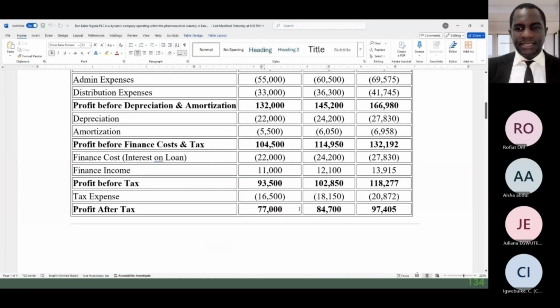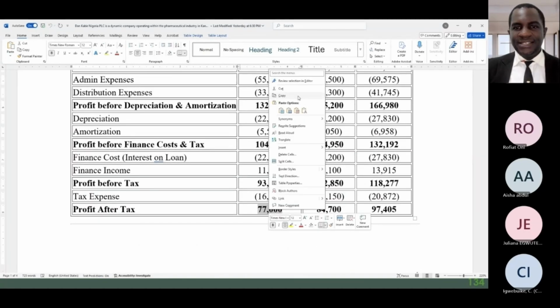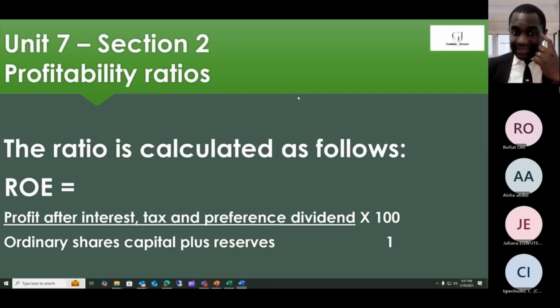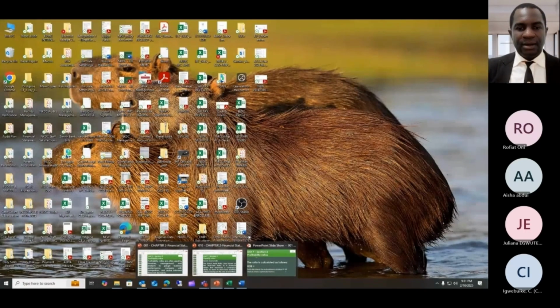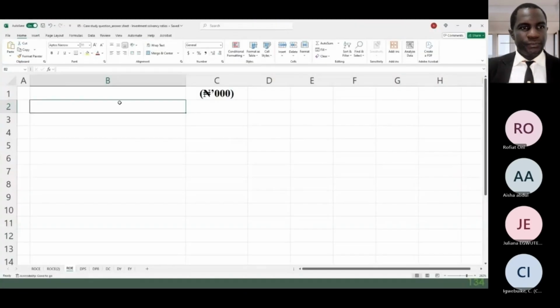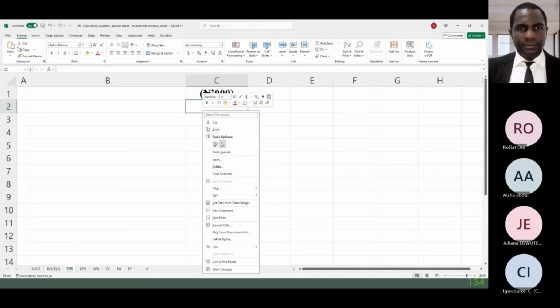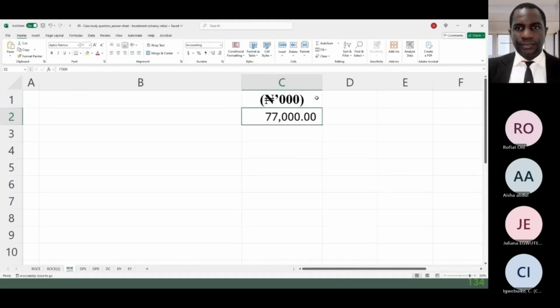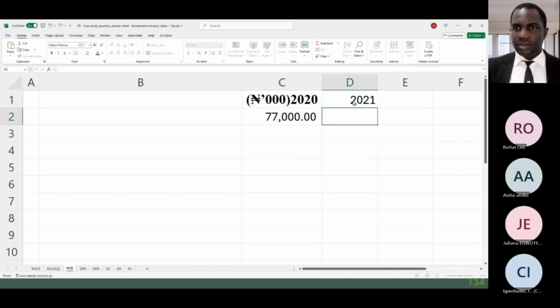Our profit after tax is 77 million. We will still deduct preference dividend from that, as a special amount to those providers of capital. So we take our profit after tax. But this is for 2021.